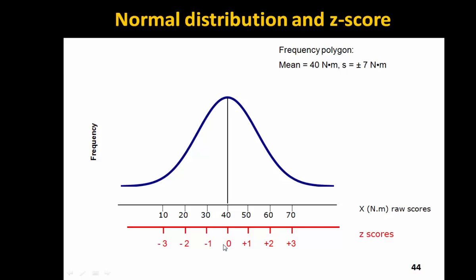Using the z-score scale, we can map out the distribution of scores based upon how they are spread out in terms of 1, 2, or 3 standard deviation units. We'll step through this example shortly.